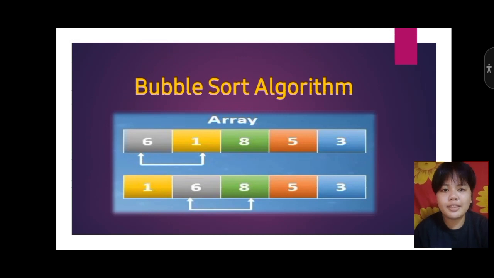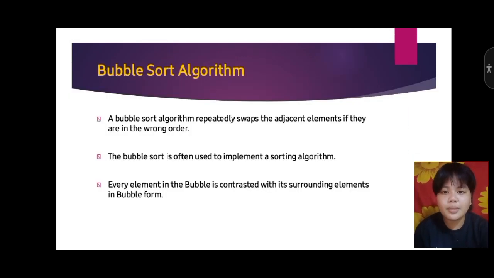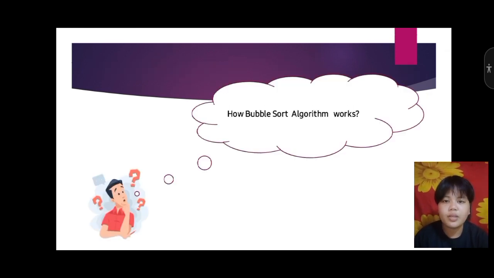Bubble sort algorithm. A bubble sort algorithm repeatedly swaps adjacent elements if they are in the wrong order. The bubble sort is often used to implement a sorting algorithm. Every element in the bubble is compared with its surrounding elements in bubble form. How does the bubble sort algorithm work?